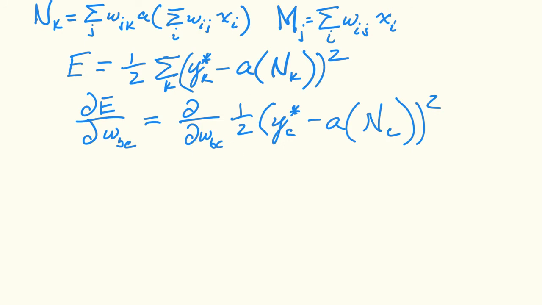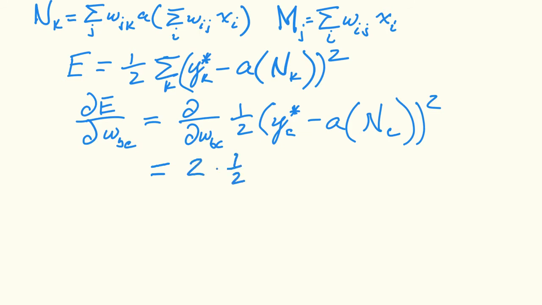Next, we know by the chain rule that when we have a composite function, we take the derivative of the outer piece, just focusing on this power here, times the derivative separately of the inner piece. So what does that look like? This is 2 times 1/2.